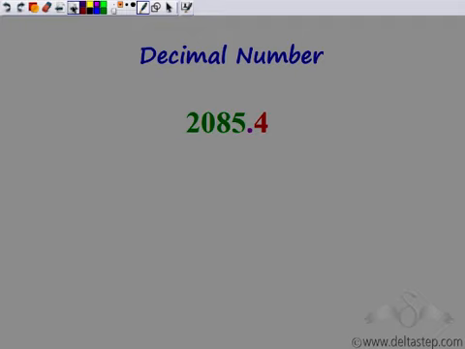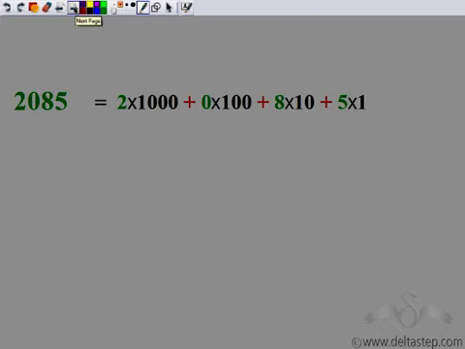So this decimal number in fact has both. This is the integer part and this is the fractional part or the decimal part. So integer plus fraction or decimal, this is what we get. And we've seen how to expand any number in our number system. Let's say we have a number 2085. This is ones, this is tens, this is hundreds, and this is thousands.